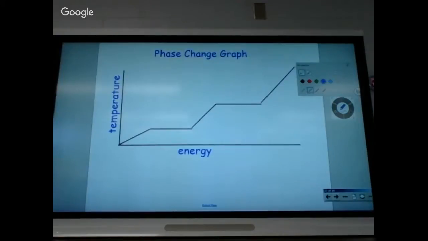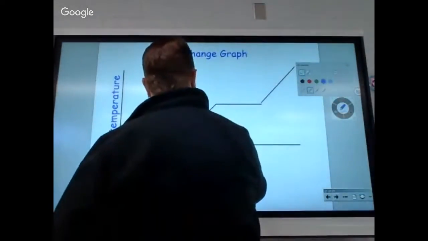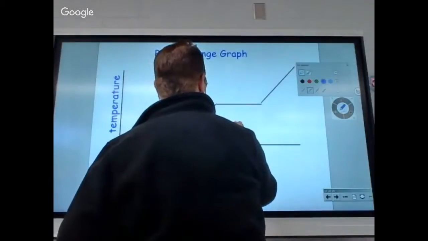All right. Now, looking at this graph, it's a phase change graph. So, first of all, what have we said about temperature changes in phase changes? Do phase changes have temperature changes? No, that is correct. They don't. So, this right here is a phase change.